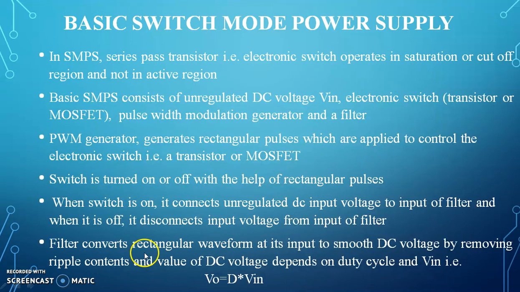So over here we have output voltage is equal to duty cycle into Vin. Duty cycle is equal to T-on upon T-on plus T-off. So the output voltage depends on the duty cycle and the input voltage.